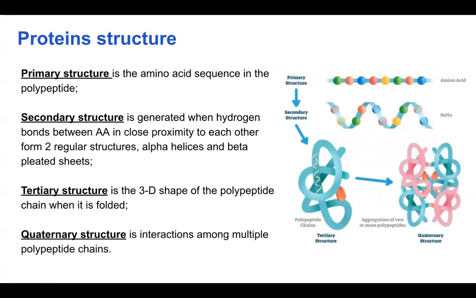Protein structure can be primary when the amino acid sequence is in the form of a polypeptide. Secondary structure is generated when hydrogen bonds form between amino acids in close proximity to each other, forming regular structures, alpha helix and beta pleated sheets.